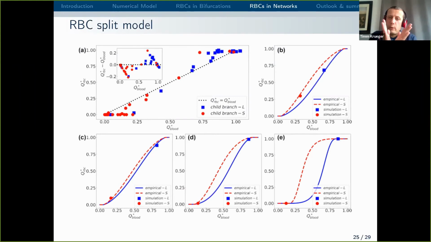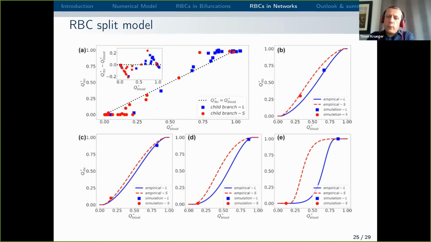Both together will carry the entire flow, obviously. So you always get pairs of data points. And what you can see is that there's a very clear trend that the larger branch will get more flow, which is somewhat to be expected, but not always. You can see that sometimes the larger branch actually gets much less flow.